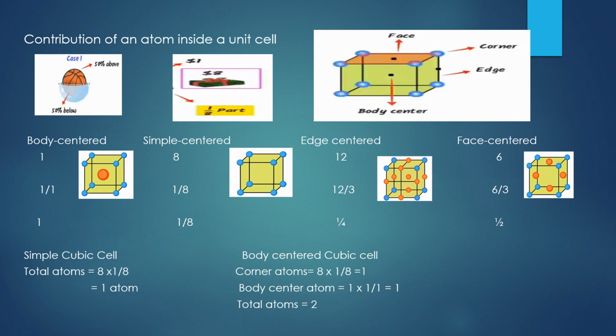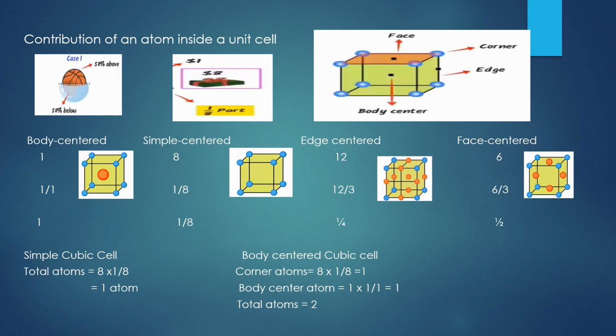The number of atoms present in body-centered is 1. In corner, 8 atoms are present, in edge-centered, 12 atoms are present and in face-centered, 6 atoms are present. The contribution of body-centered is 1 and the contribution of corner is 1 by 8. The contribution of edge-centered is 1 by 4.